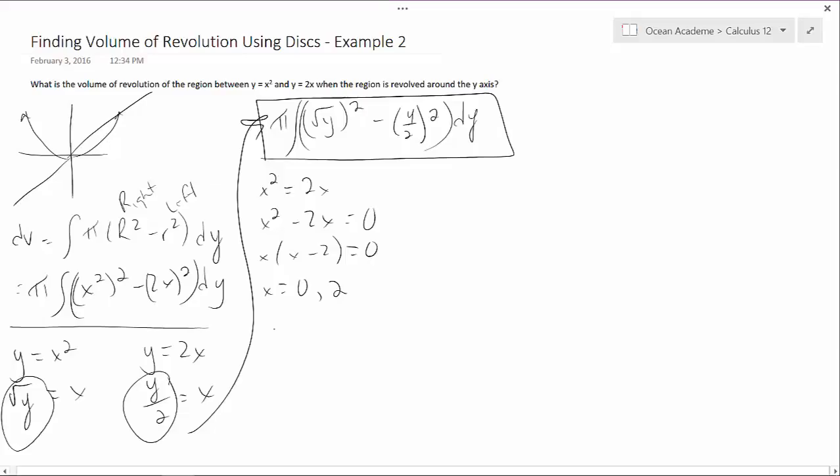So when we plug in each of these values, with the x squared we get 0 squared, and that equals 0, so that is our y value. And our other one was 2x, so we plug in our 2, so our other value will be 4. So those are our limits. So this is 0 and this is 4.